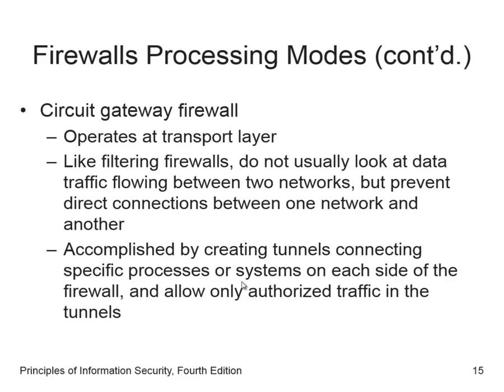They accomplish this by creating tunnels connecting specific processes or systems on each side of the firewall, and then they allow only authorized traffic, such as a specific type of TCP connection for only authorized users, in these tunnels.